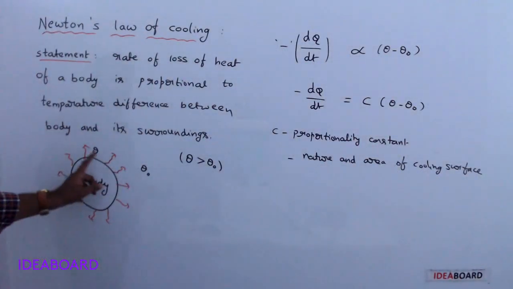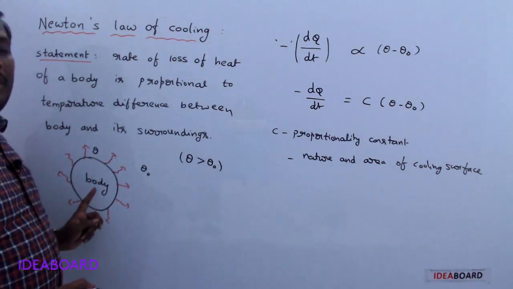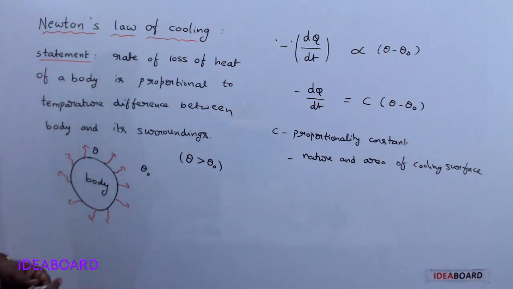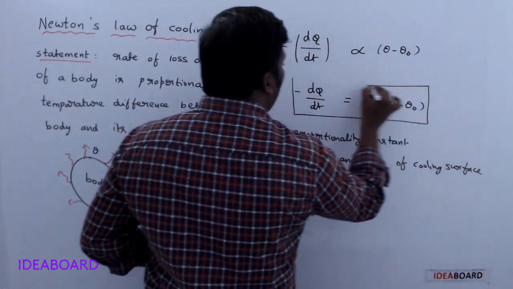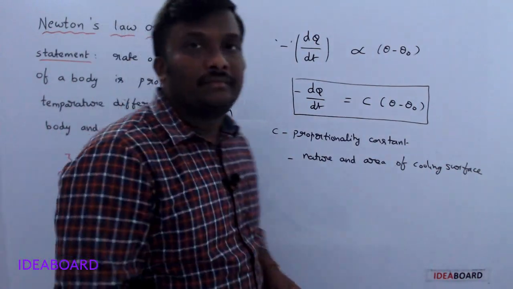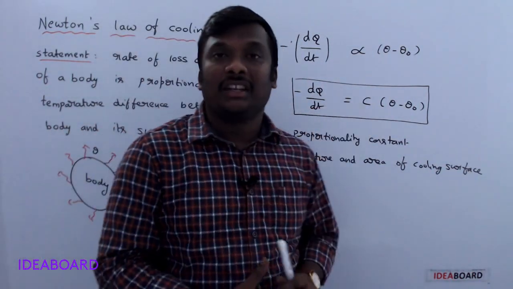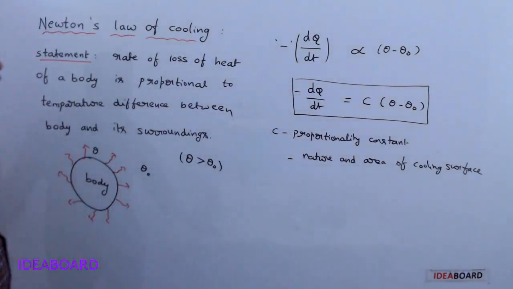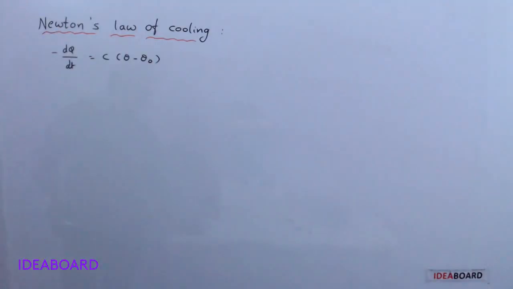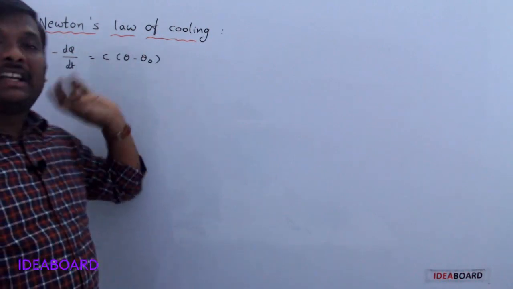That means it depends on the area of the cooling surface and the nature of the body. Do you understand now? So this is called Newton's law of cooling, a simple formula: minus dQ by dt is equal to c into theta minus theta naught. Note it down. So, what is the formula from Newton's law of cooling? We got minus dQ by dt is equal to c into theta minus theta naught.